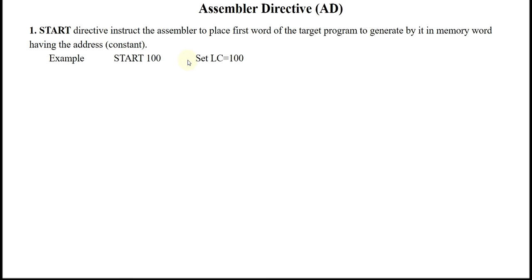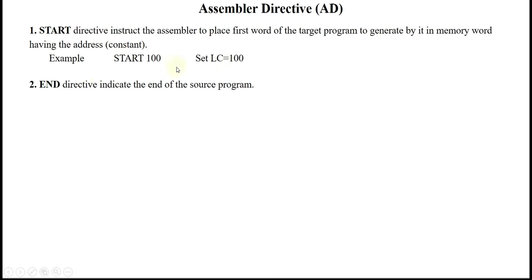Means we are assigning the location counter with the help of the START assembly directive. The operand field gives the location counter. If only START is there and no operand, then we are resetting LC equal to 0.